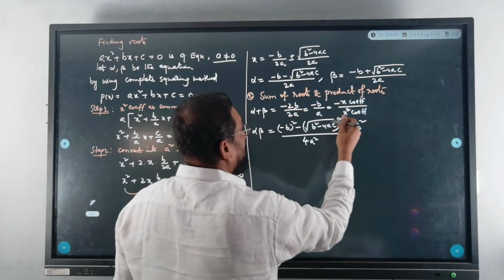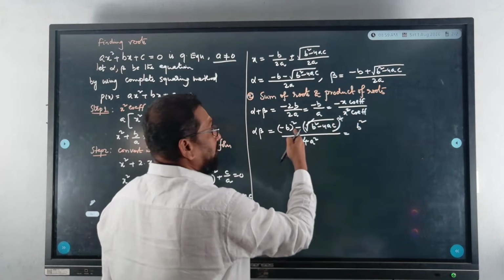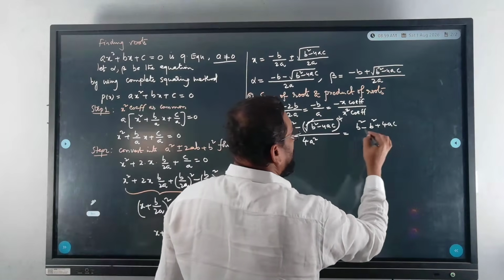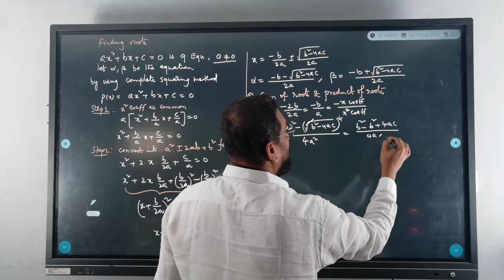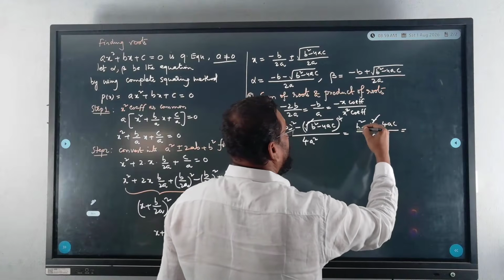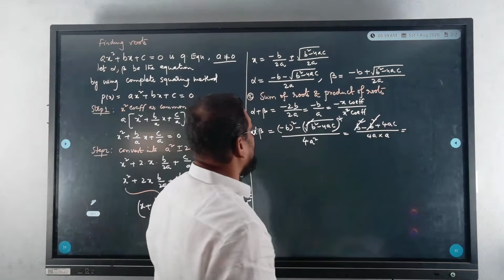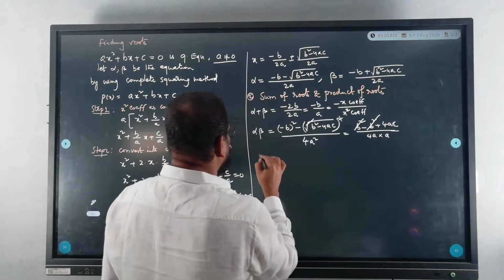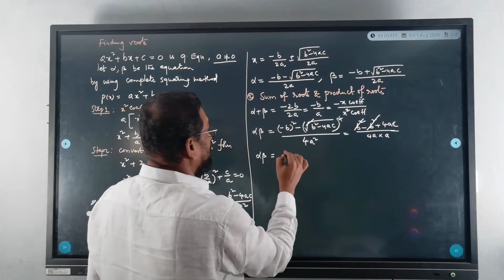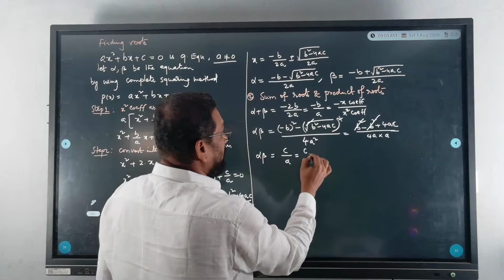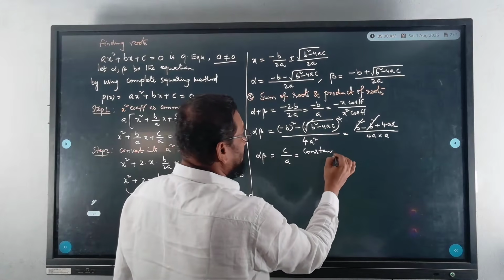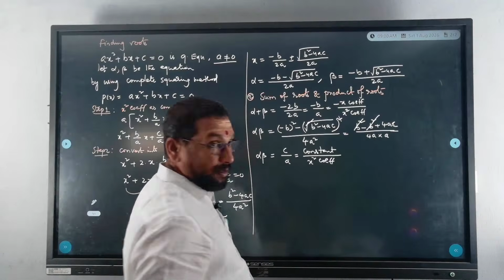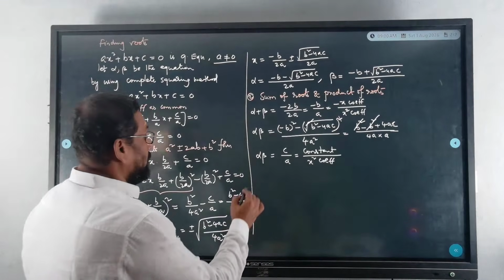So b square, when square root gets cancelled, b square minus of minus 4ac by 4a into a. So here b square gets cancelled, 4a gets cancelled. So alpha beta is equal to c by a, c is constant, a is x square coefficient. Okay.